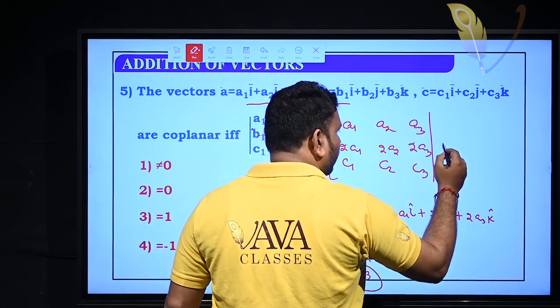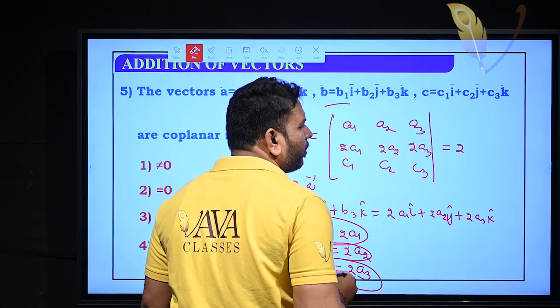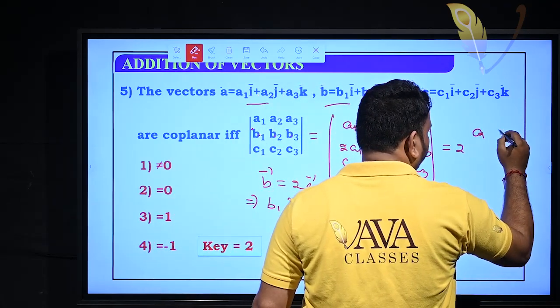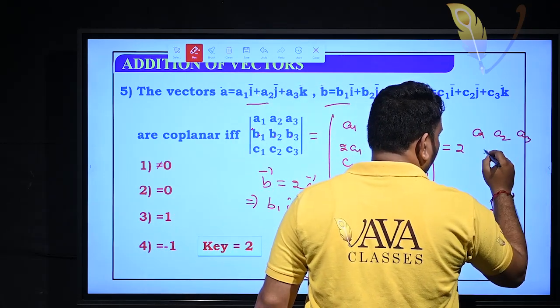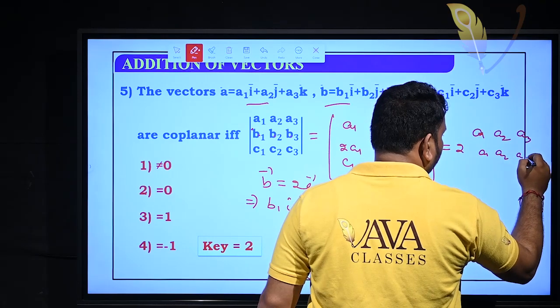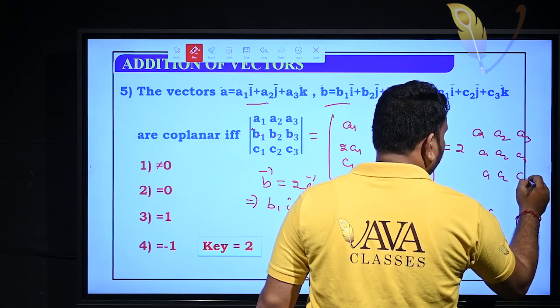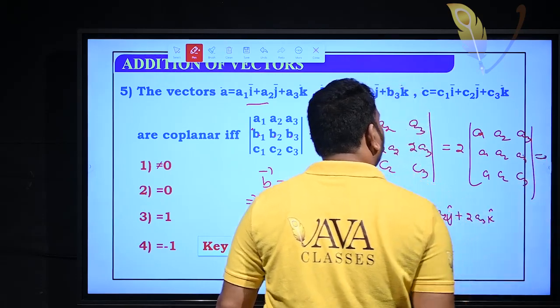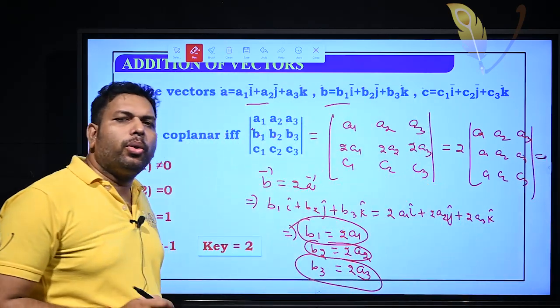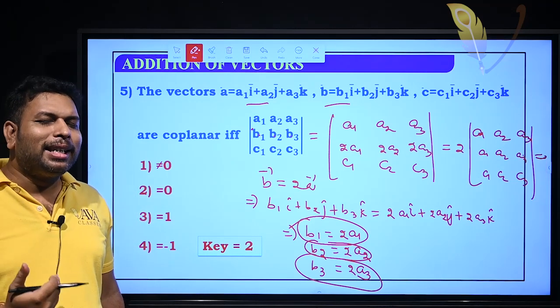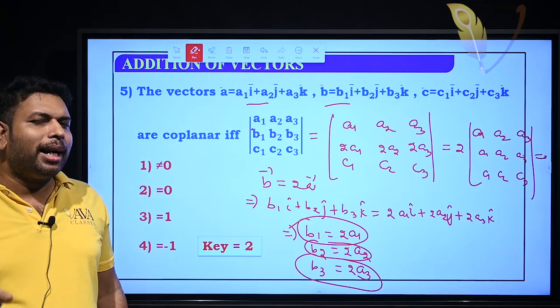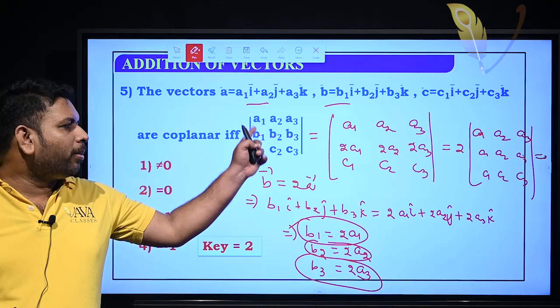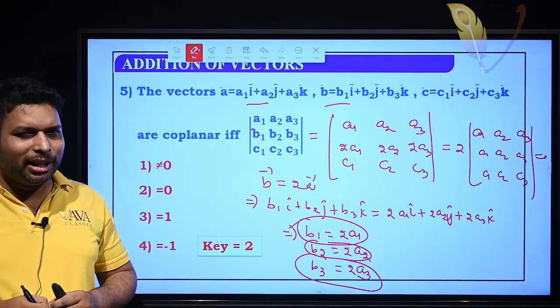This determinant is nothing but 2 times the determinant with rows A1, A2, A3, then A1, A2, A3 again, then C1, C2, C3. Since these two rows are identical, it is 0. So if three vectors are coplanar, then they must be linearly dependent, and then their coefficient determinant is 0.